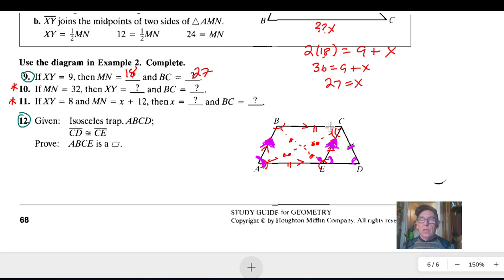If this BC side was parallel to the AD side, these alternate interior angles would be congruent to each other. And these angles would all be the same angle. So that would give us opposite angles congruent.